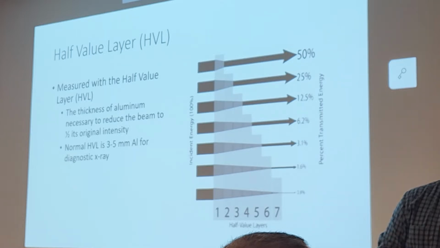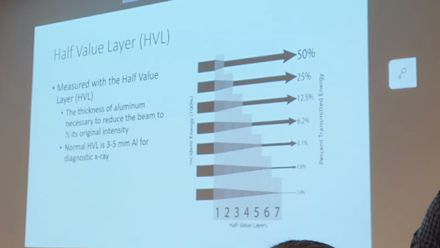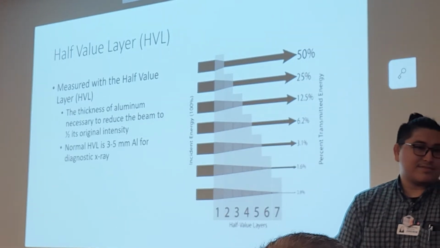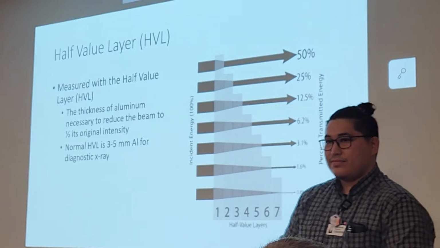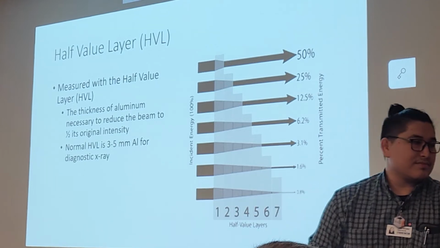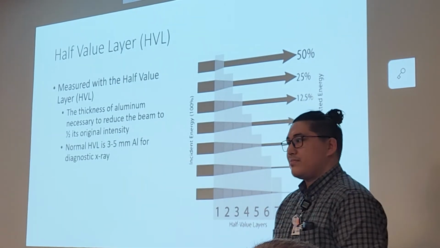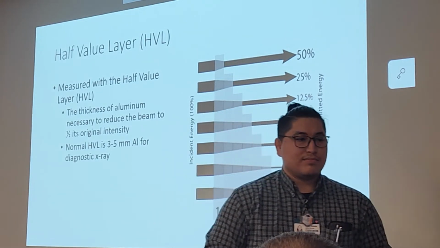I think it could be both, right? All right. And Anthony, what is the answer? It would be quantity. Intensity is quantity. So when we talk about half value layer, we are talking about reducing the number of X-rays. The quantity of X-rays. That is how we reduce our intensity.